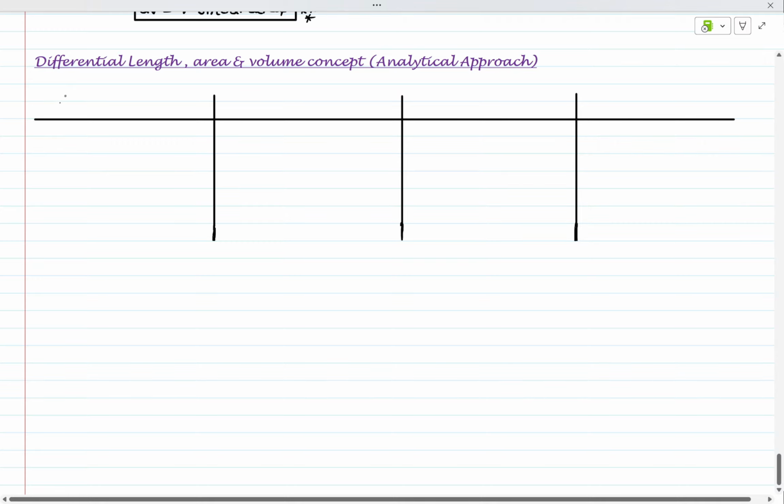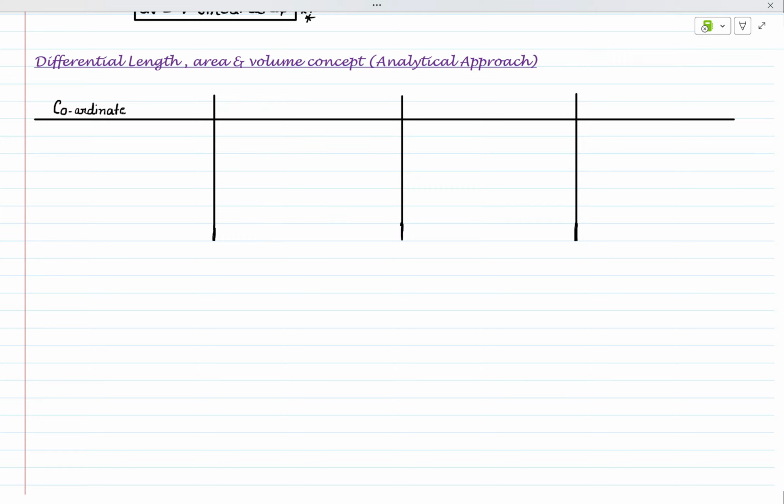So that's why I am writing here the coordinate system.